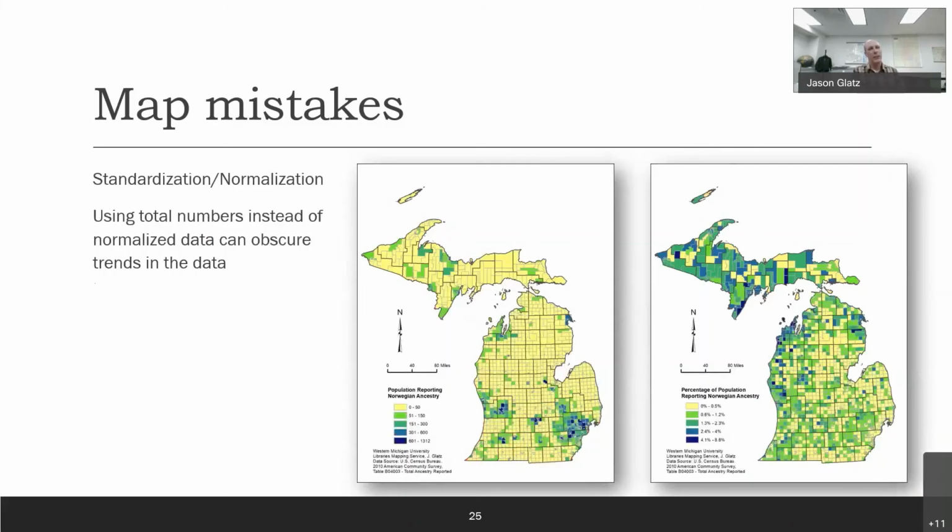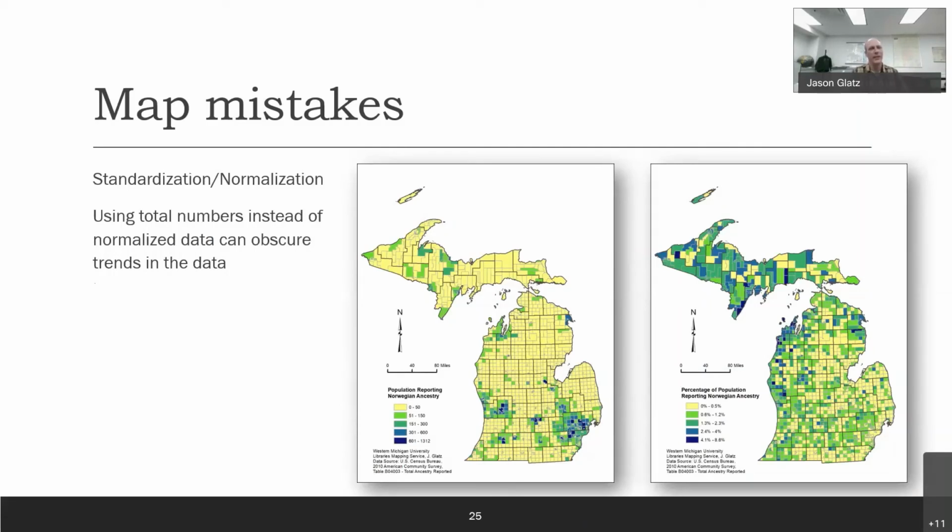And so, as I was saying before, quite often when you see these choropleth maps using raw numbers, it can present a misleading map. For instance, in the two maps I have up here, if you just use the raw numbers, like the map on the left, you basically have a map of the population density of Michigan.